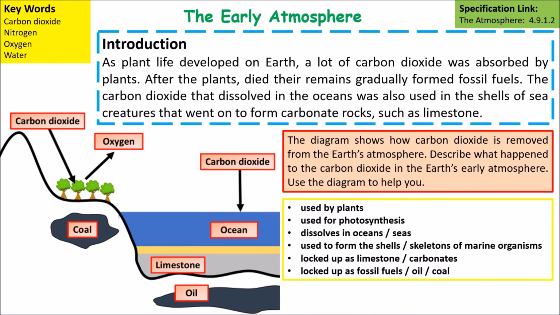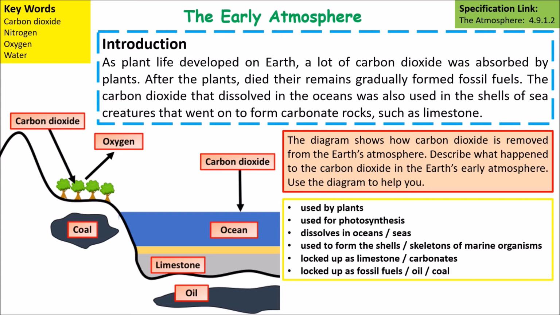As plant life developed, a lot of carbon dioxide was absorbed by plants. After these plants died, their remains would have been turned into coal eventually in some cases. So if we look at how we would describe that, you need to start off by talking about the carbon dioxide being used by plants during photosynthesis.